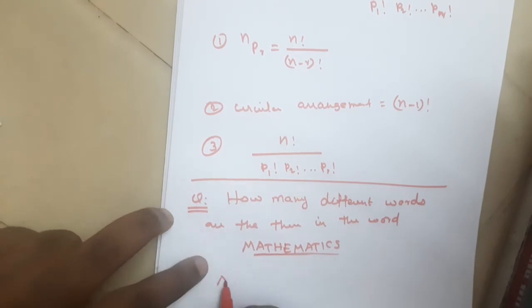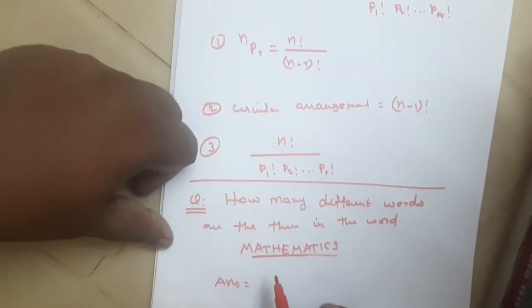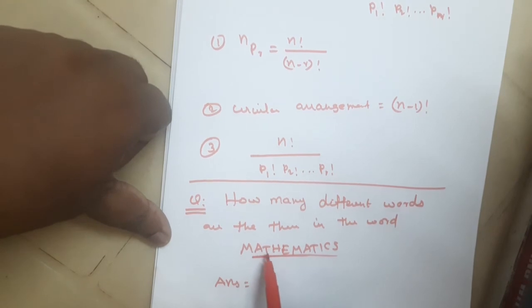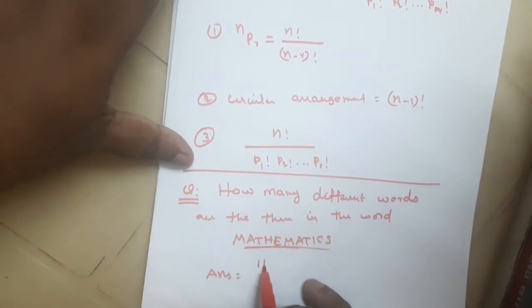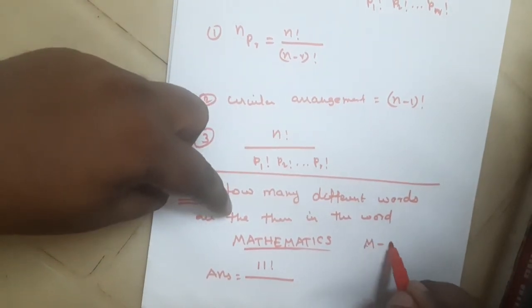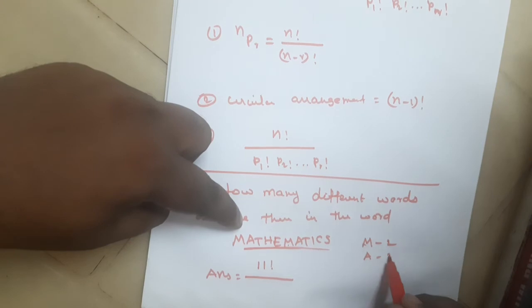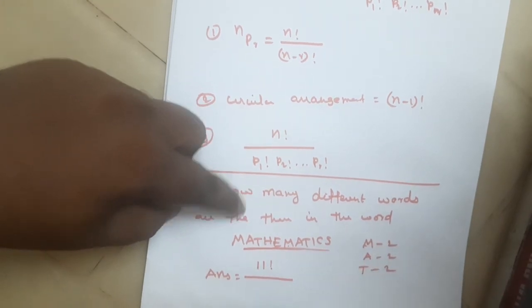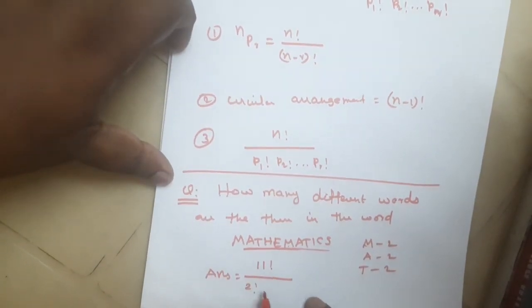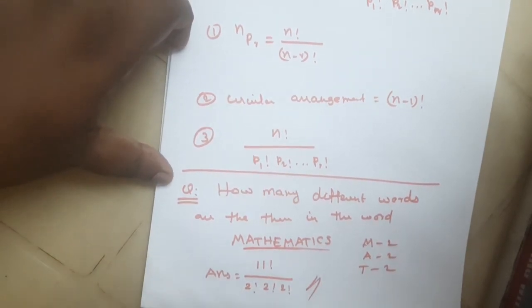Okay, so the answer is: totally the number of objects is 1 2 3 4 5 6 7 8 9 10 11. So 11 factorial divided by, here M is 2 times, A is 2 times, T is 2 times. So we divide by 2 factorial, 2 factorial, 2 factorial. So this is our answer for this question.